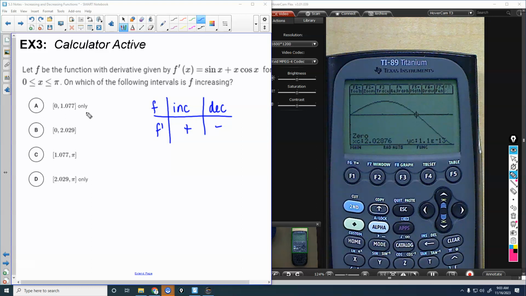So that lets us know that this is in fact the correct answer right here. Now, if I was about out of time, I wouldn't even bother doing that step, because you can tell it's not 1.077. You can tell by the tick marks where you're at there. Okay, does this make sense on what you're doing?